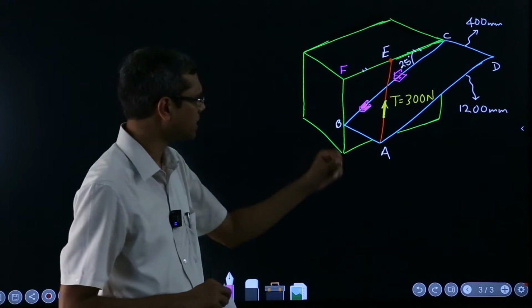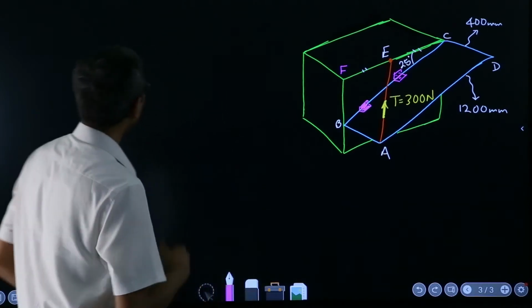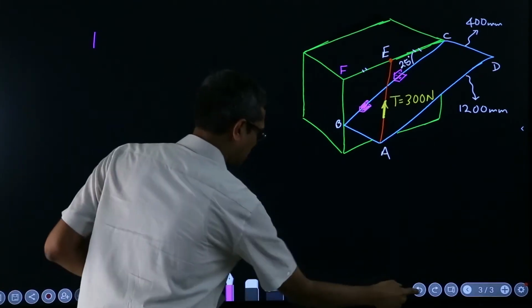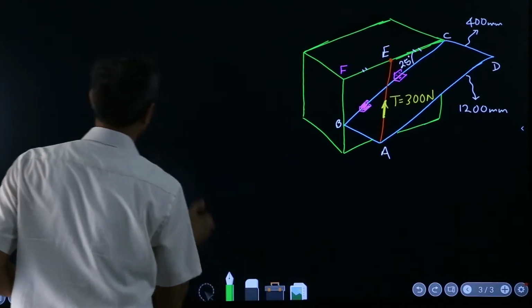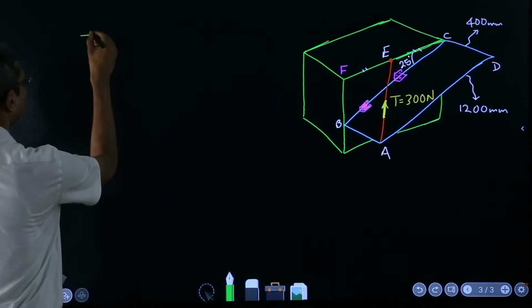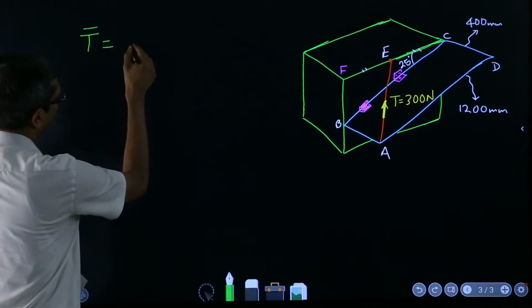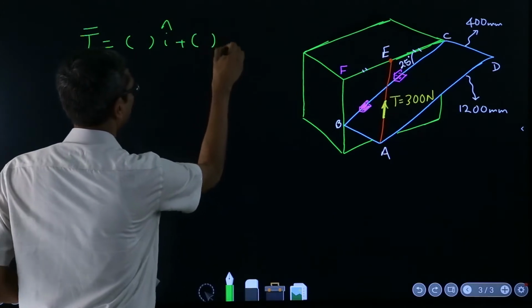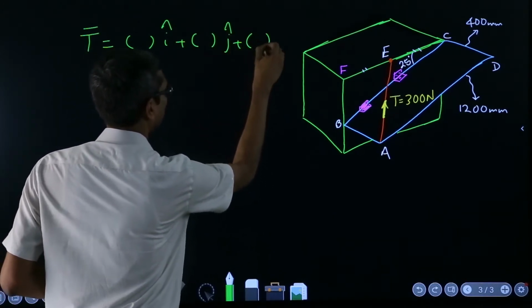We want to represent that as a vector. That means we want to represent T as a vector, maybe something times i plus something times j plus something times k.